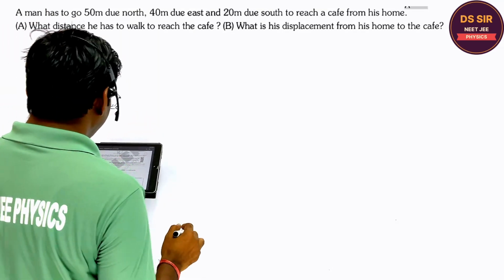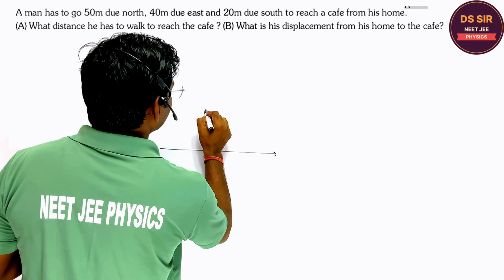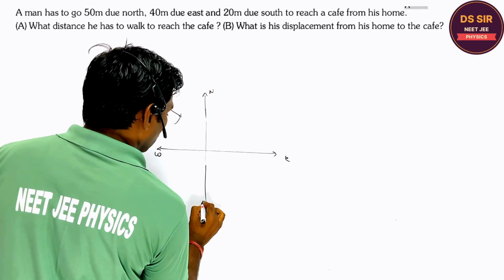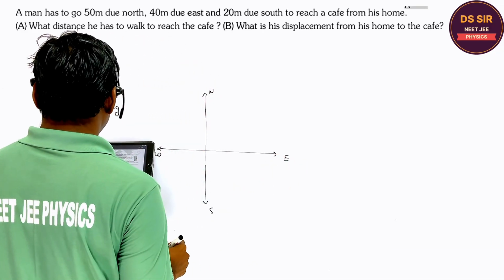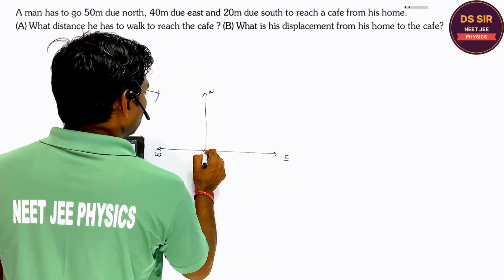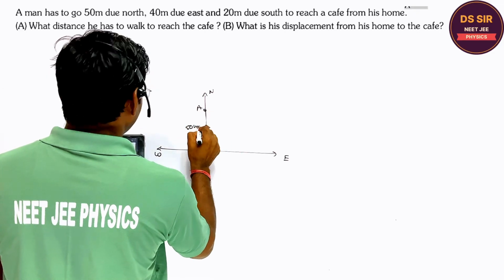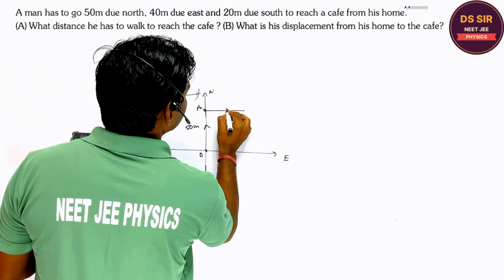So read this question. In this question, a man has to go 50 meter towards north. This is east, west, north, and this is the south. So 50 meter towards north from O to A. This is the 50 meter. Then 40 meter towards east.